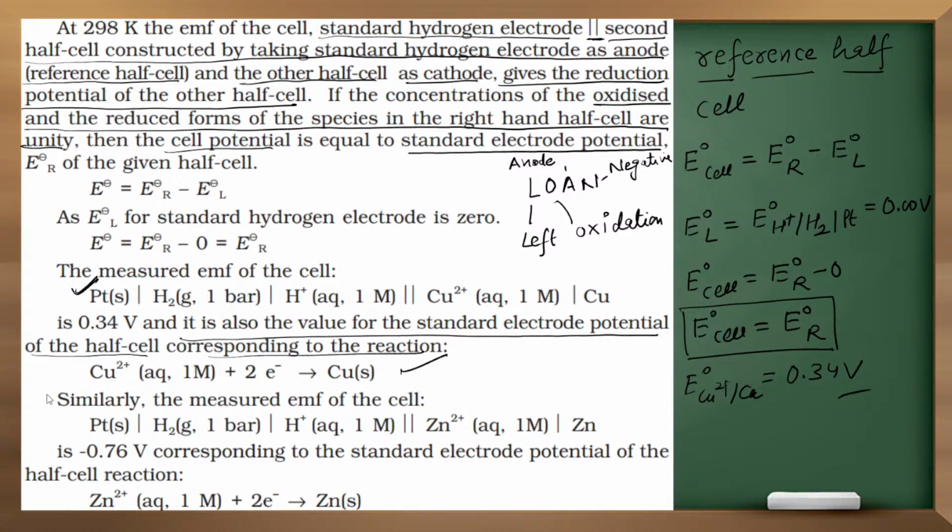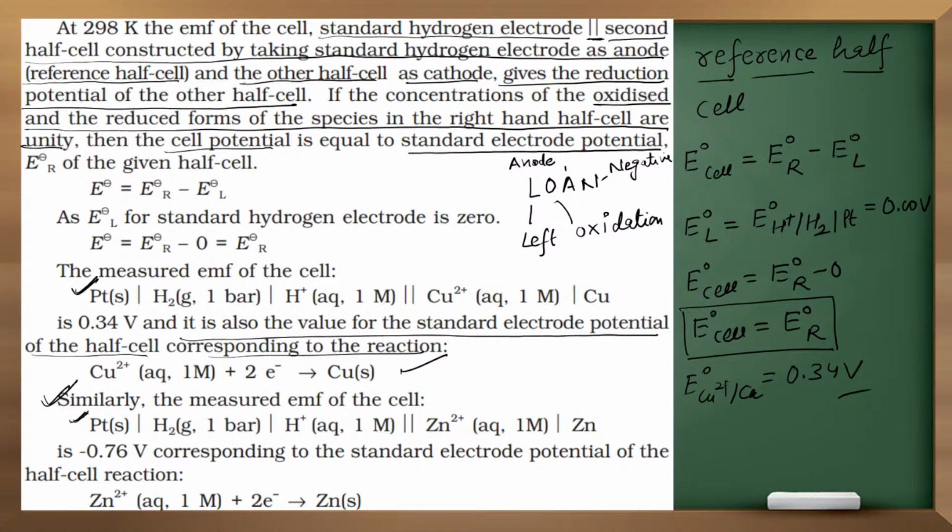Okay. Now for zinc, again this is the reaction. We again frame the cell, with the standard hydrogen electrode attached, and zinc 2 plus zinc, and its EMF comes out to be minus 0.76 volt.